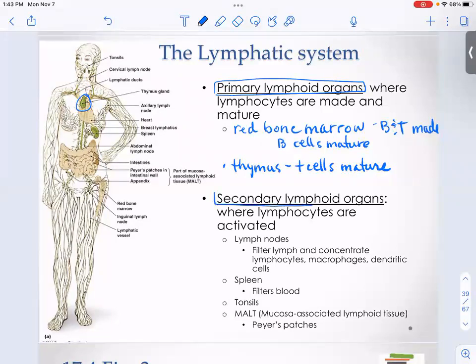There are lots of different secondary lymphoid organs, and that's where lymphocytes are activated. First thing we think about are the lymph nodes. We have somewhere on the order of 500 lymph nodes throughout our body, and they are mostly about the size of a pea.